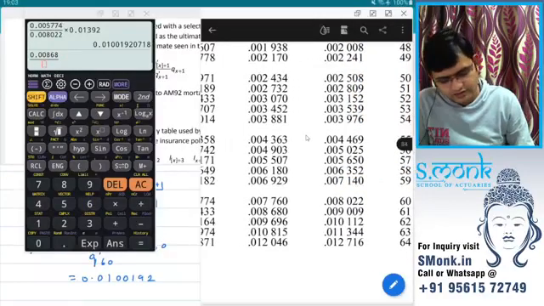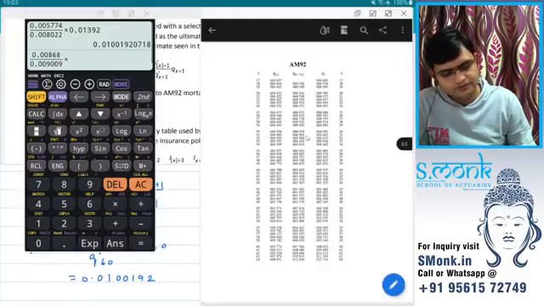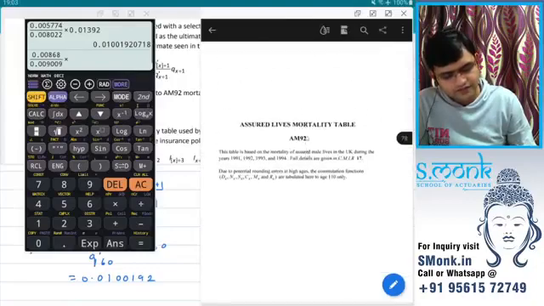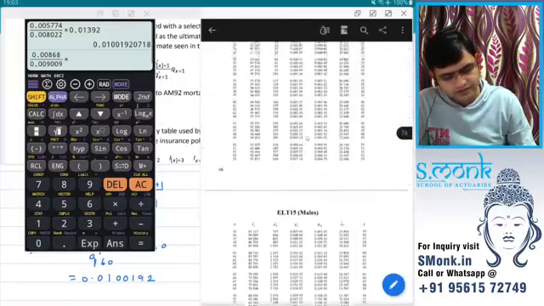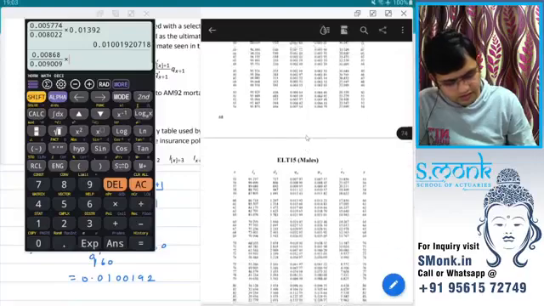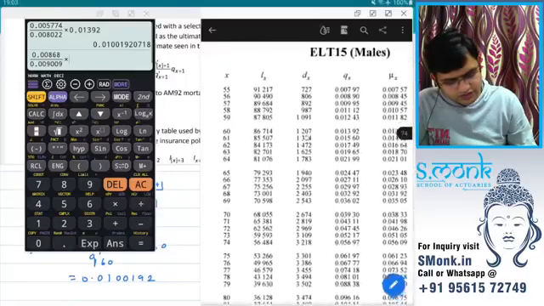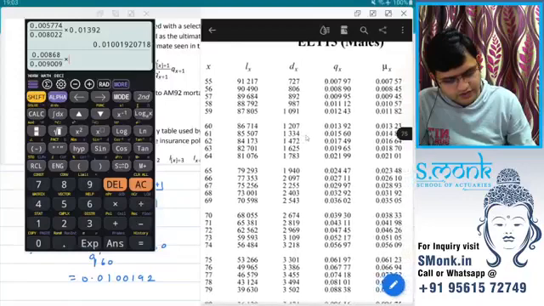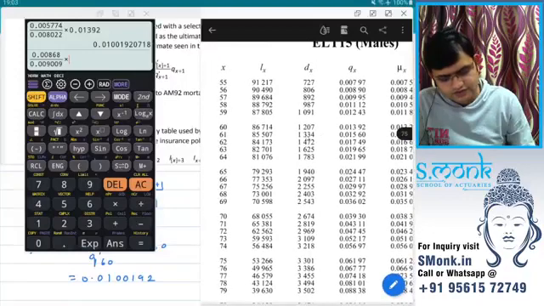Ultimate 61 will be 0.009009. Then into, we'll go to ELT15 male. ELT15 male Q61 gives us 0.0156.